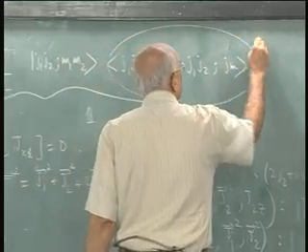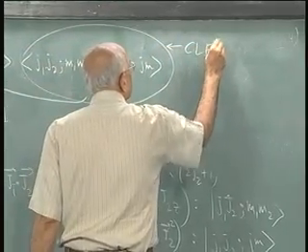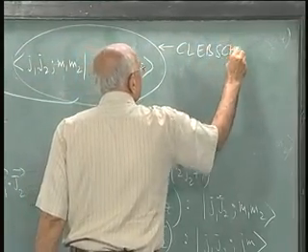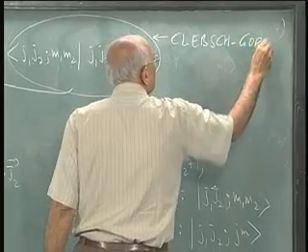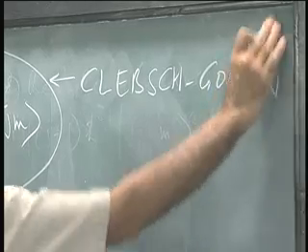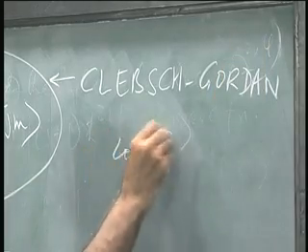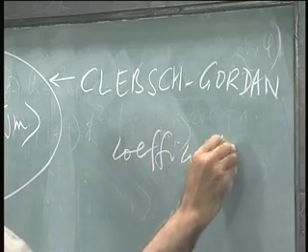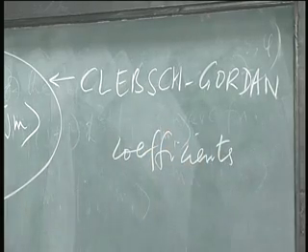This set is called Clebsch-Gordon coefficients. Our job is to find them. For given little j1 and little j2, I have to find these Clebsch-Gordon coefficients.